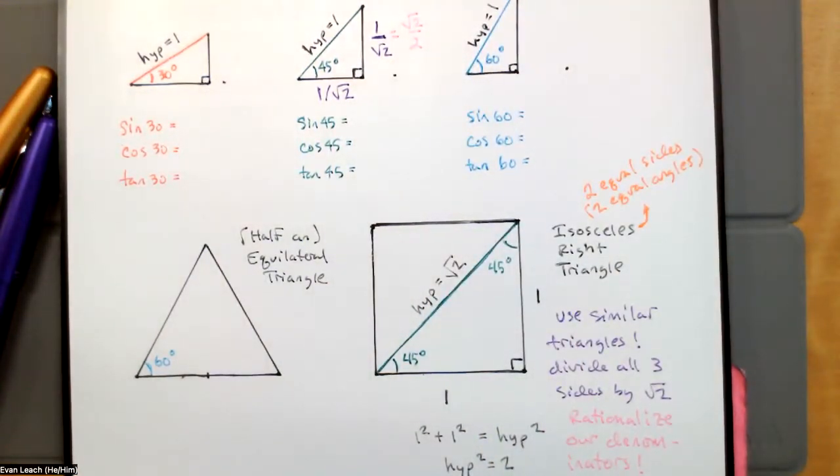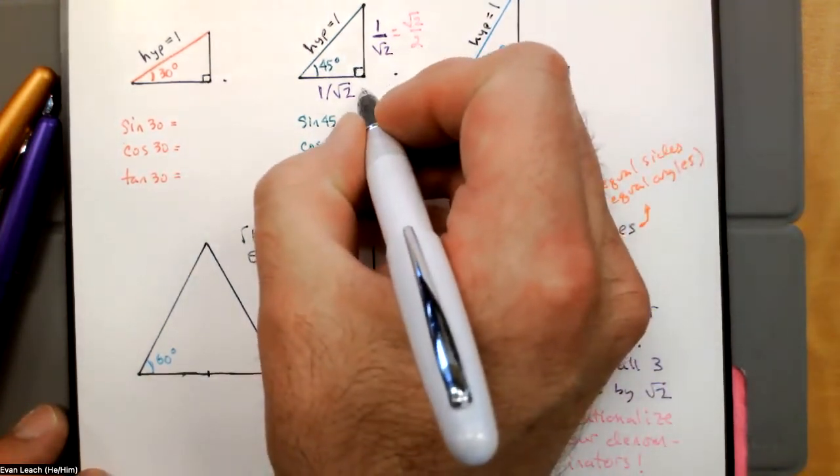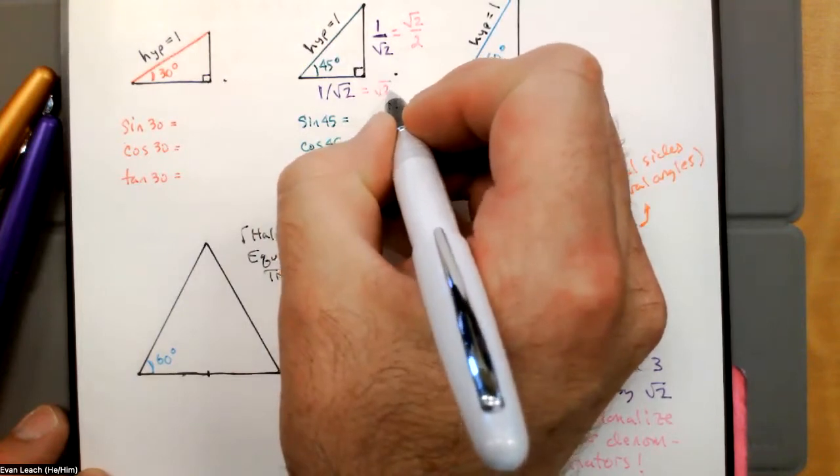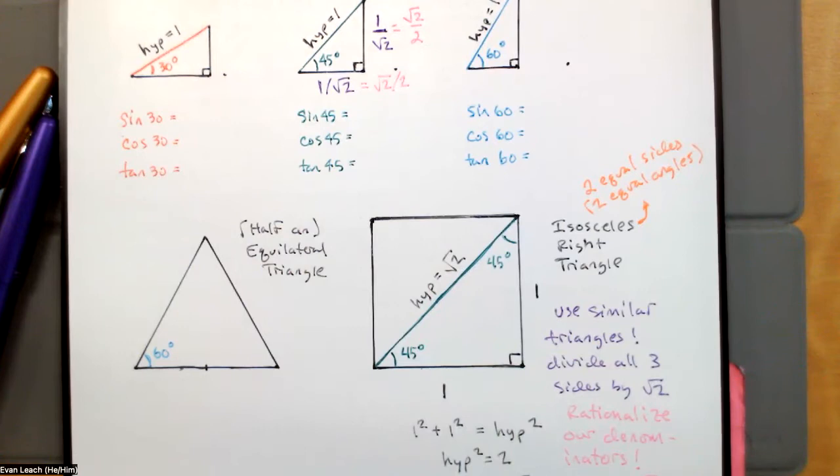If you want to write it sideways, like I wrote my adjacent side, 1 over square root of 2, just make sure you're careful with your radical bar, so that the radical definitely ends before we divide by 2.